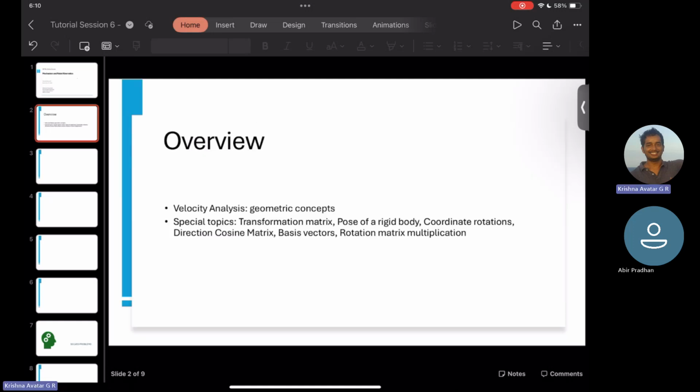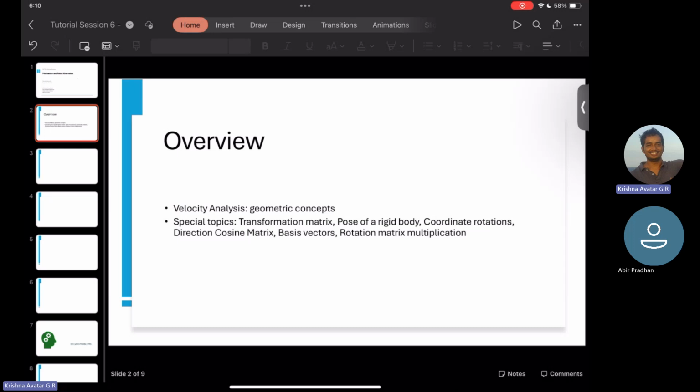Keeping in line with the format that we have adopted so far for our tutorial sessions, in today's session also, I'll be reviewing some of the basics of week 5, and then we'll also be discussing some of the special topics that I had mentioned in the last session. It is from a review paper.